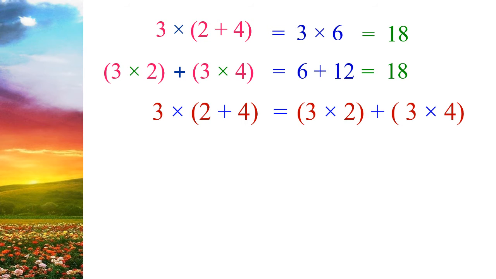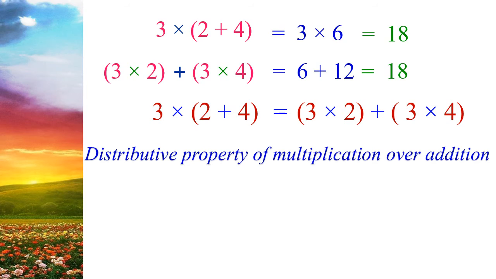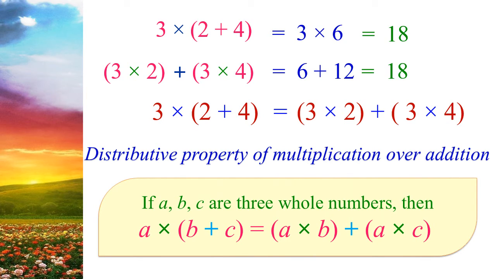So we define the distributive property of multiplication over addition as: if A, B, C are 3 whole numbers, then A into (B plus C) equal to A into B plus A into C.